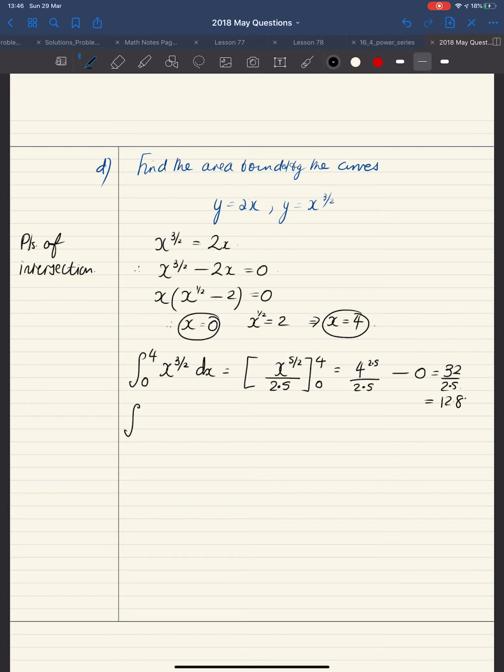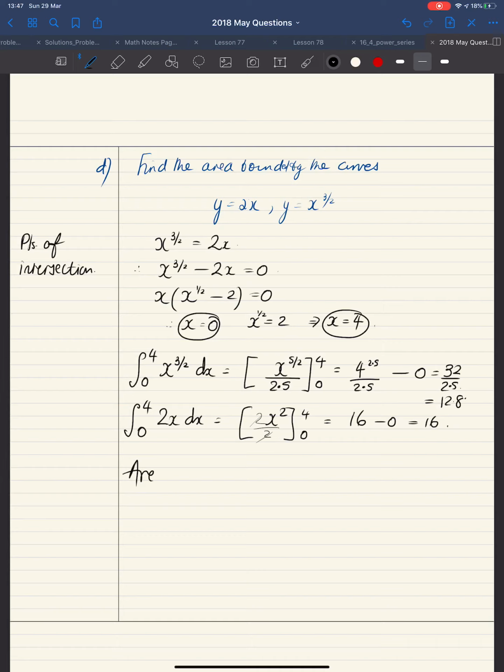Okay, and then we do the integral between 0 and 4 of 2x dx. Add 1 to the power, divide by the new power, cancels out that 2, because we've got a 2 there, and they would cancel between 4 and 0. So it's going to be 16 minus 0, which is 16.